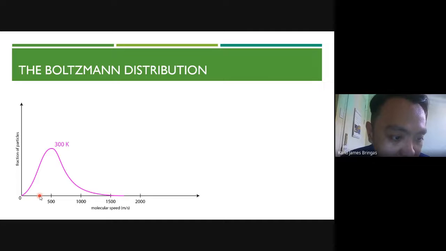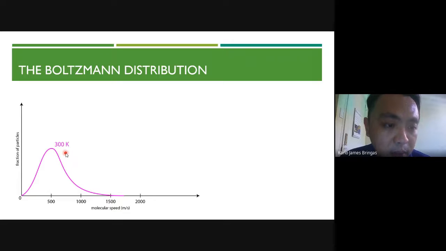However, now, as you can see, the peak of our curve has changed. Drawing a straight line downward from the peak, we can see that the most probable molecular speed is around 500 meters per second when the temperature is 300 Kelvin.